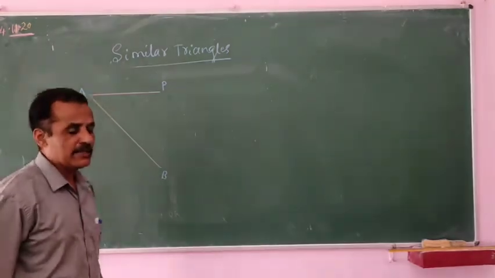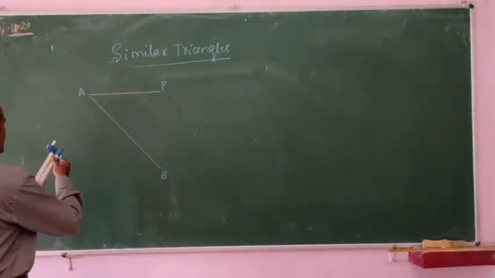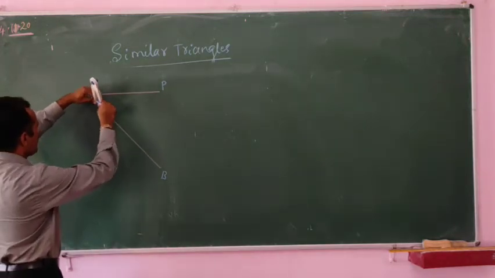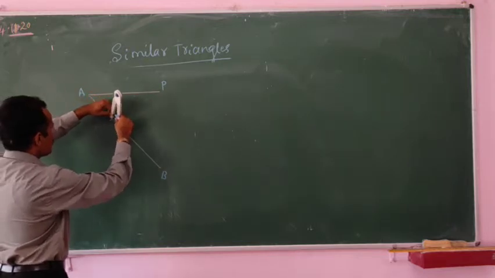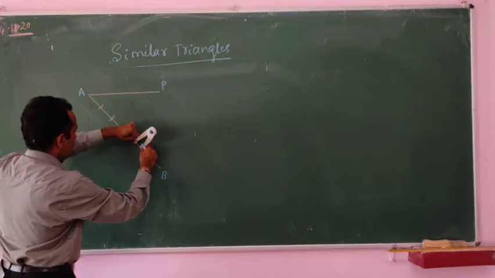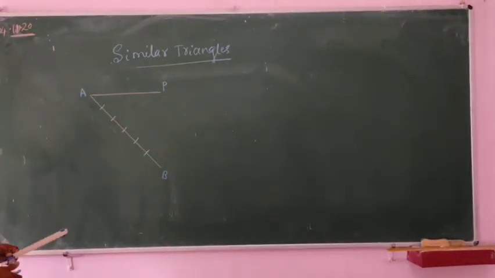On this arm AB, I will draw some equal arcs. Say I have drawn 5 equal arcs.